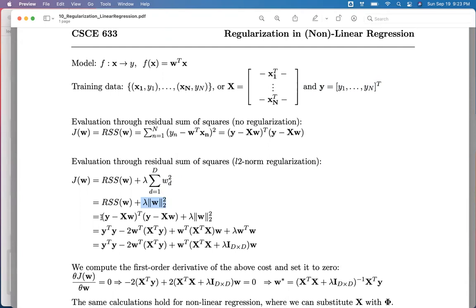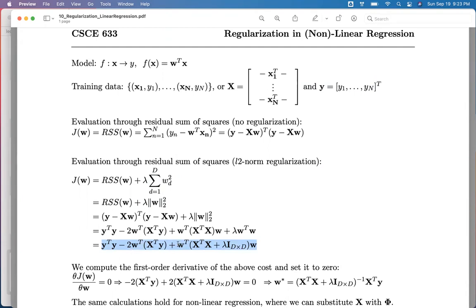And from there, we just expand our expression in order to collect the same order of the weights into the same place. So you can see essentially that this is a very similar expression to the one we had when we applied linear regression and nonlinear regression without regularization.